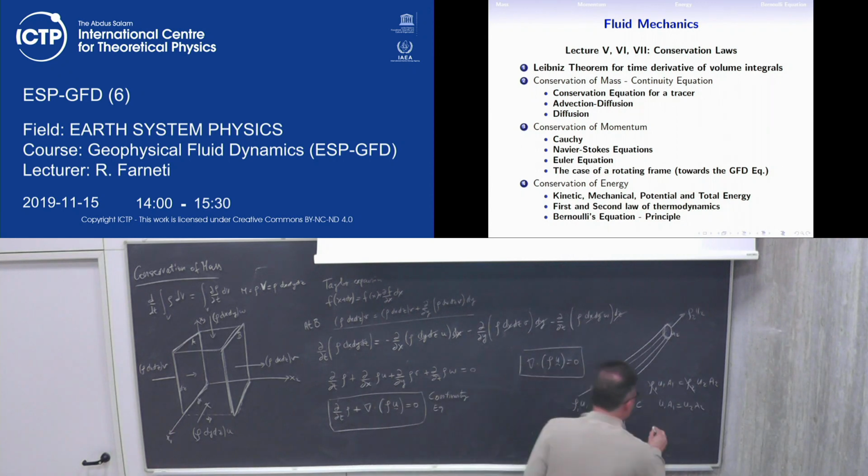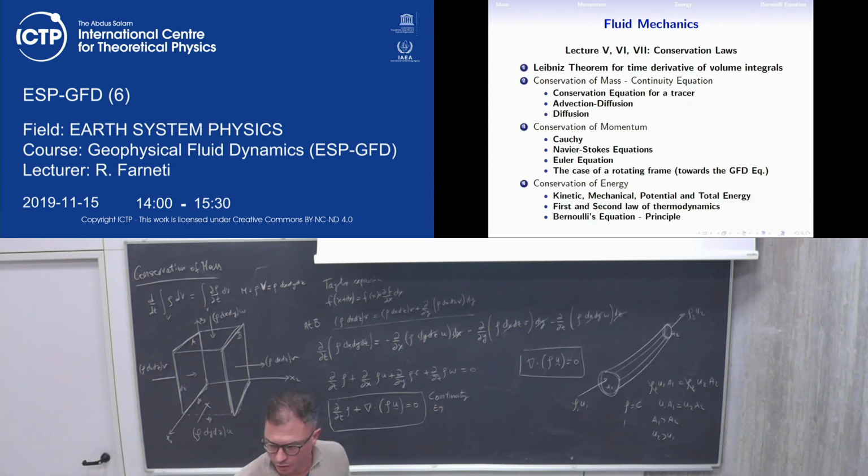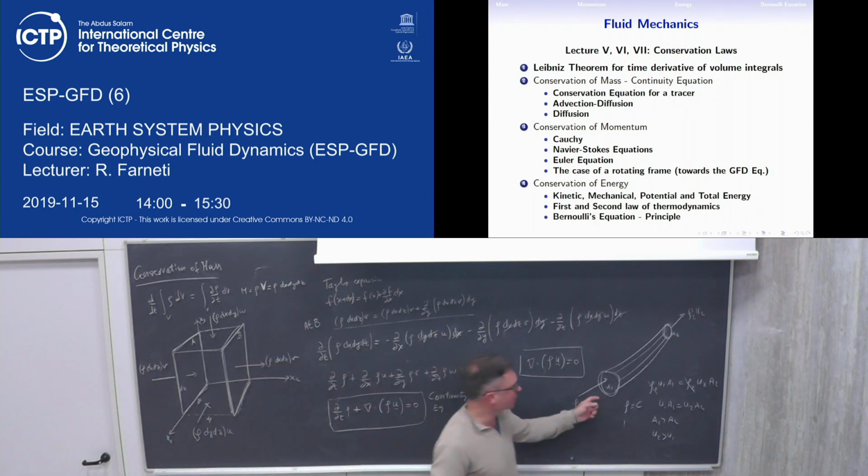And because in this case A1 is larger than A2, this means that U2 has to be larger than U1 in order to conserve mass. So the rate of change in time of density is equal to 0 because the flow is steady, and I have some mass in and some mass out, given by the divergence of this.